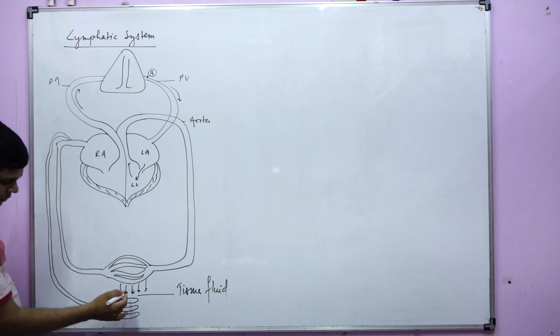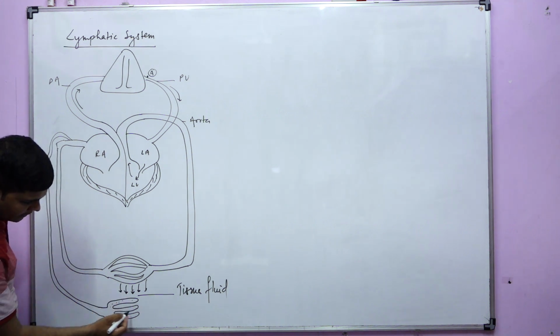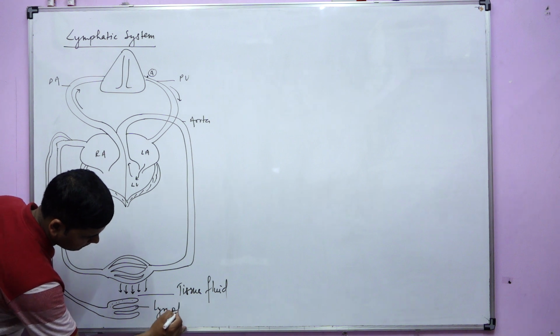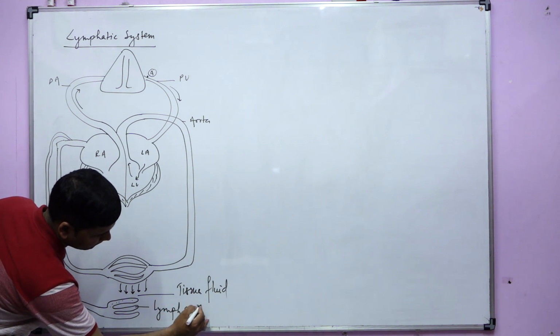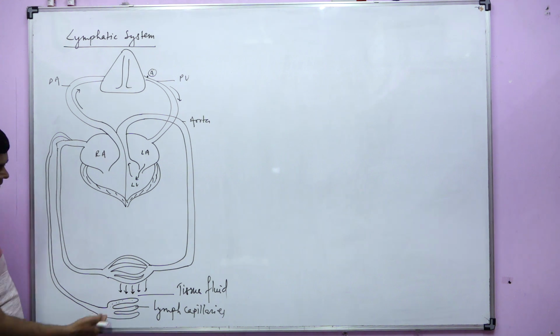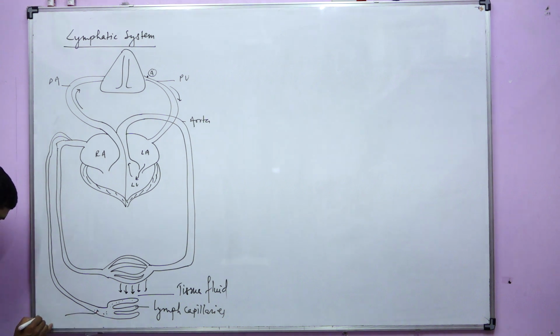So now this tissue fluid, once it is collected by lymph capillaries, these are lymph capillaries. They collect the tissue fluid, and the fluid inside the lymph vessels or capillaries, we call lymph.